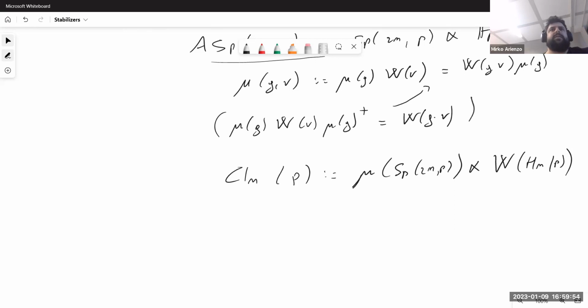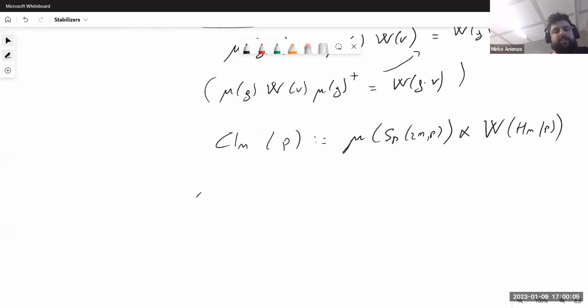And one nice thing that we could list here are the generators for the Clifford group. Now it's like the same as we know in the qubit case in the usual language, let's say.